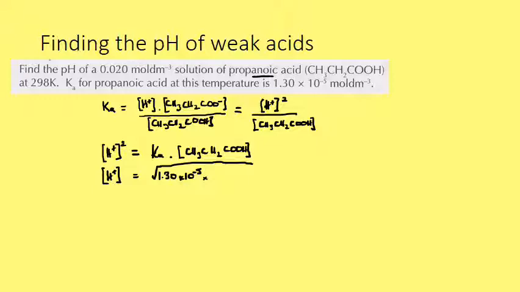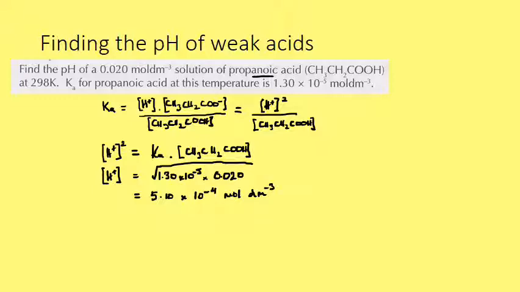So we can write in this expression 0.020. And then when we feed that into our calculator, we're going to get 5.10 times 10 to the minus 4 moles per decimeter cubed.